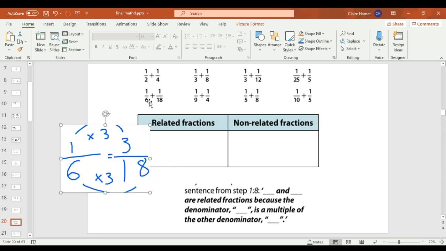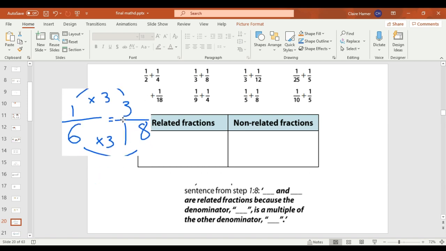So 1/6 is equal to 3/18. So I can now do that calculation. So the answer to that calculation would be 3/18 add 1/18 equals 4/18. Because remember I said you only add the numerators together. So you need to work out of these questions which ones you only have to change one of the fractions.